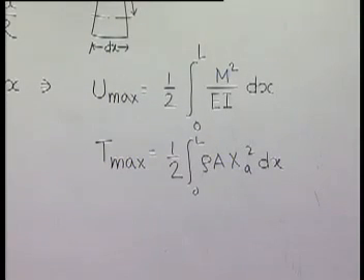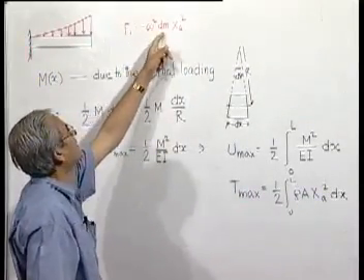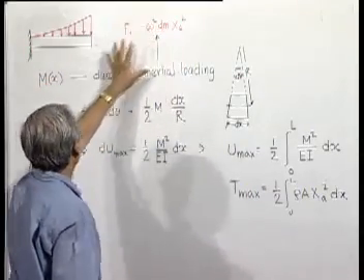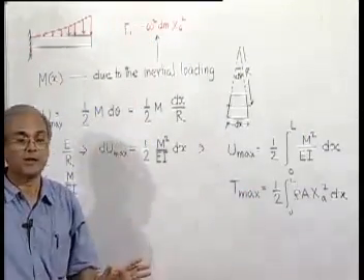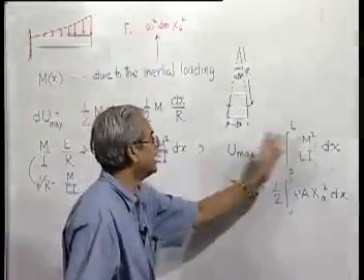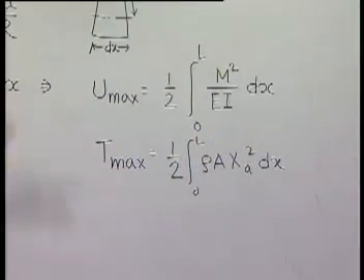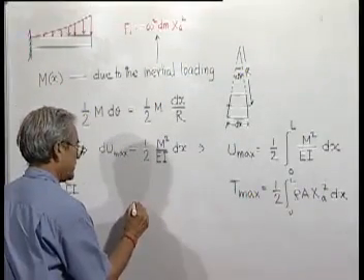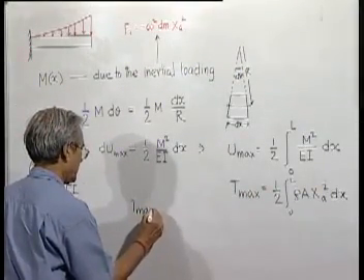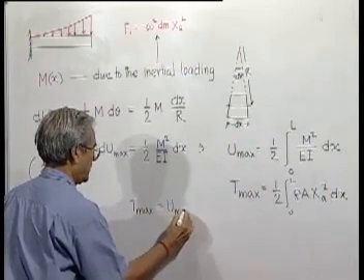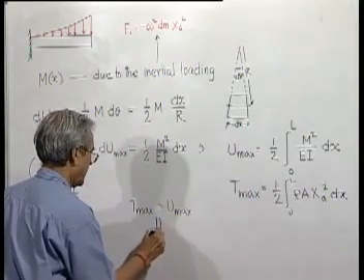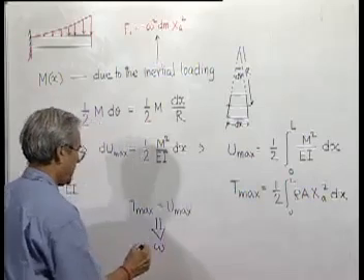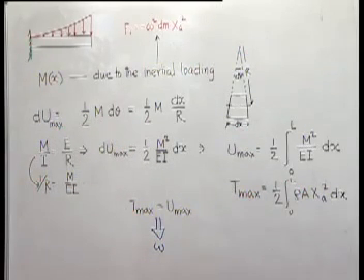So the procedure is now that if this be the inertial loading, which is in terms of omega and X_A square, let us find out the bending moment in terms of X_A square omega, no differentiation involved, and then substitute it here and integrate. And then when we equate U max and T max, this will yield the value of omega, an equation which will be better in accuracy.